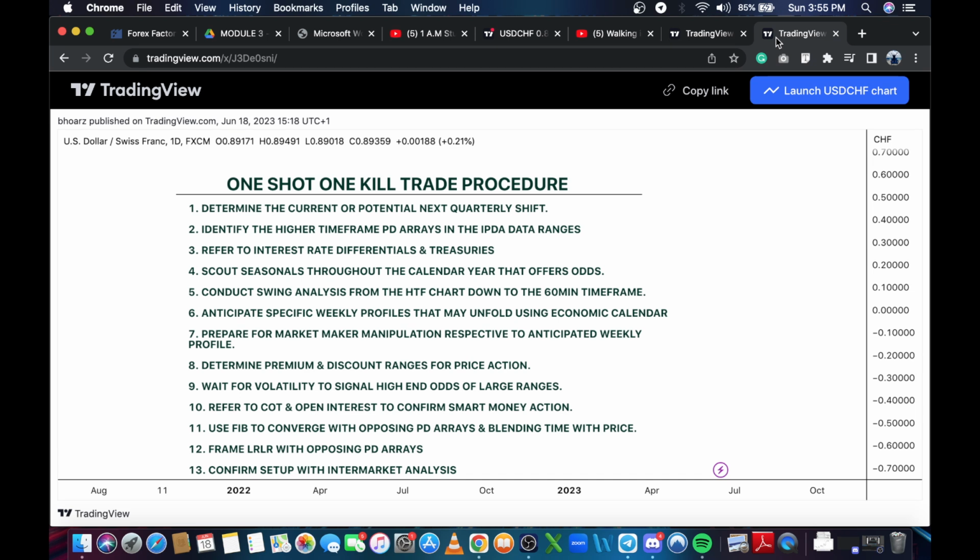I used them more during 2019, and then post 2019 I realized once you know what treasuries are doing, you don't necessarily need the interest rate differentials, because the interest rate differentials has a lag time of about 6 months, right?